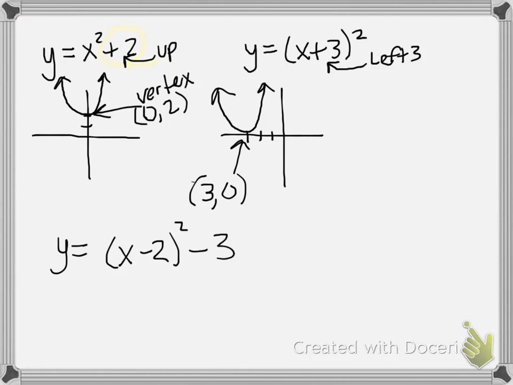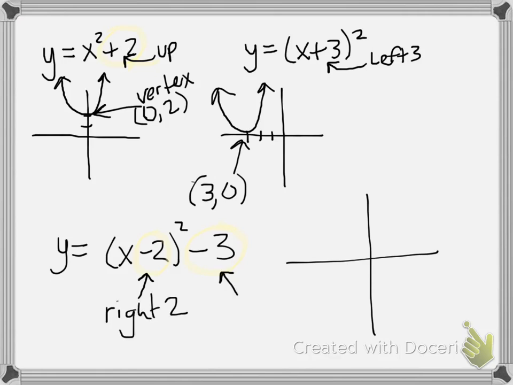So now we need to think about this, and we need to think about this. So this part means that it goes right 2. But this part, because it's outside of the parentheses, means it goes down 3. So it's a combination of those two.